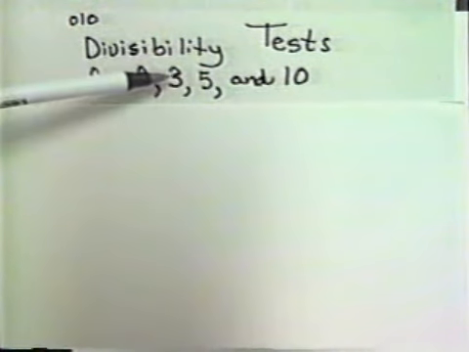When we're reducing fractions, we're going to be doing a lot of dividing. So it will make our work easier if we can look at a number and tell when it's divisible by certain numbers. There are some pretty easy divisibility tests for the numbers 2, 3, 5, and 10. So I would like for us to talk about those to give us some hints in our reducing.